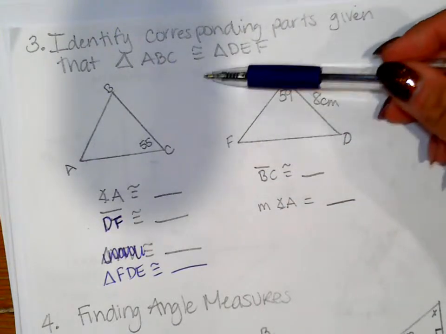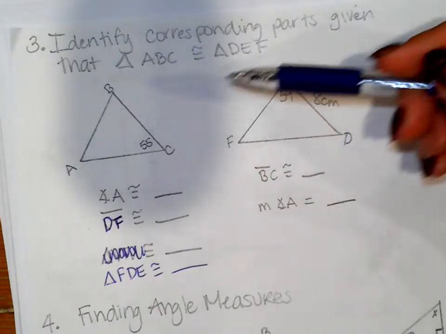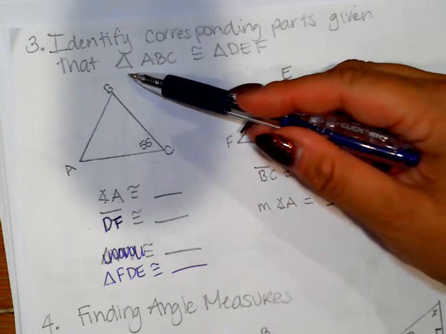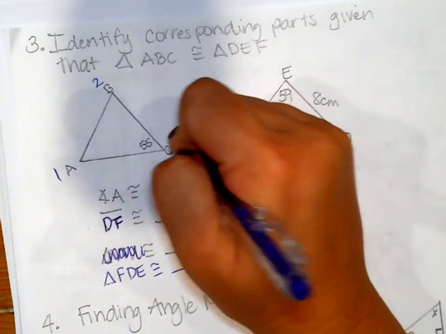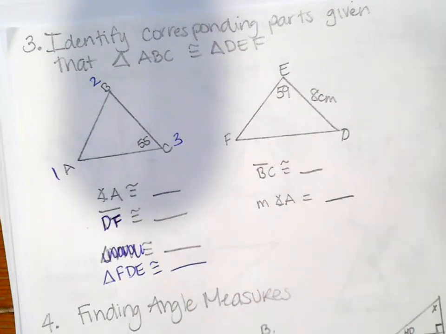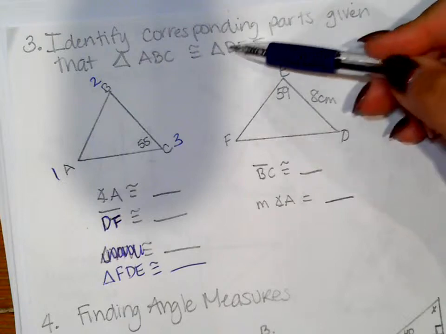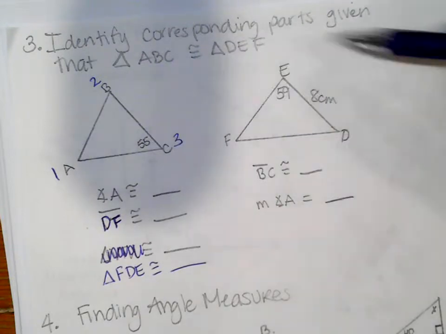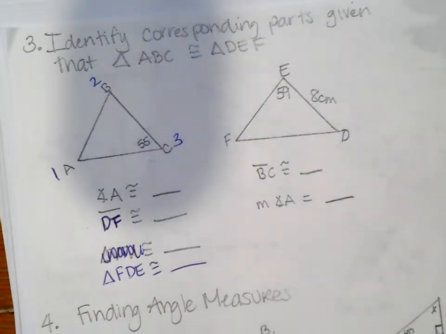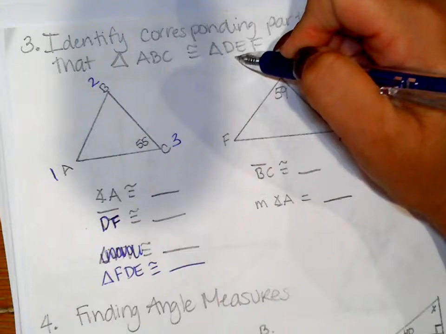The way I like to make sure I'm doing it the right way is by numbering what's what. So I'm going to label this one triangle ABC. I'm going to call that 1, 2, 3. Not like the Jackson song. And I'm going to make sure that DEF, I label it the same way because I know that it has to be congruent, and I need to make sure I'm matching up the correct angles because I don't know what's equal and what's not, except by the way they're giving me the order.